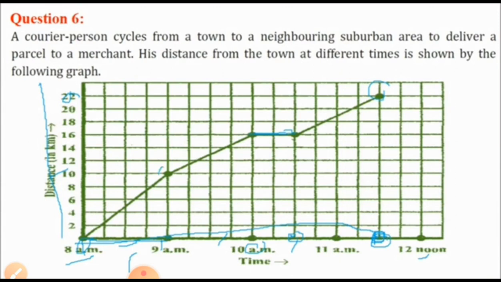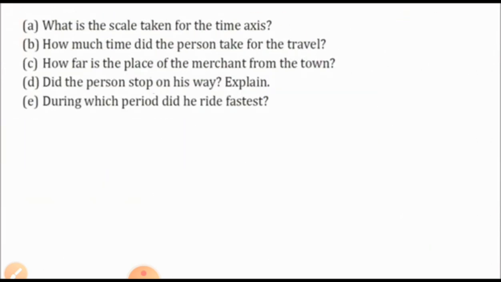Is it or not? Correct. It is 1 hour. So my dear student, you can find these things from the graph. On the y-axis, you can find that each and every centimeter shows 2 kilometer, 4 kilometer, 6 kilometer. That means the gap of each centimeter is 2 kilometer.